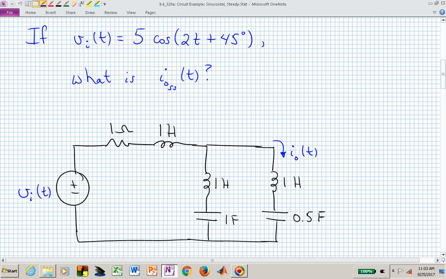You should already have an understanding of what is going to happen. After the transients, what do you expect I sub 0 of steady state of t to look like as a waveform? If you were in a job interview, could you write down a generic expression for I sub 0 of steady state of t?